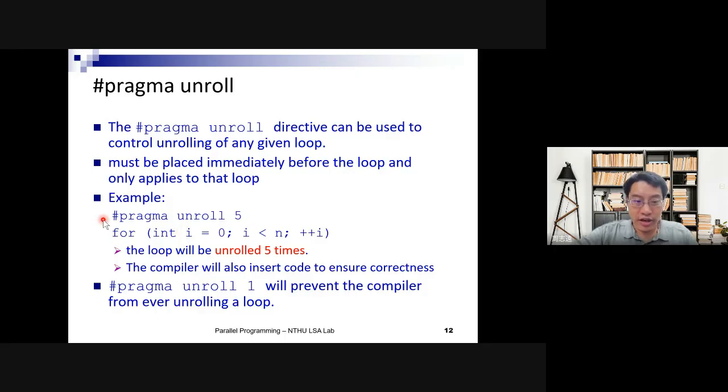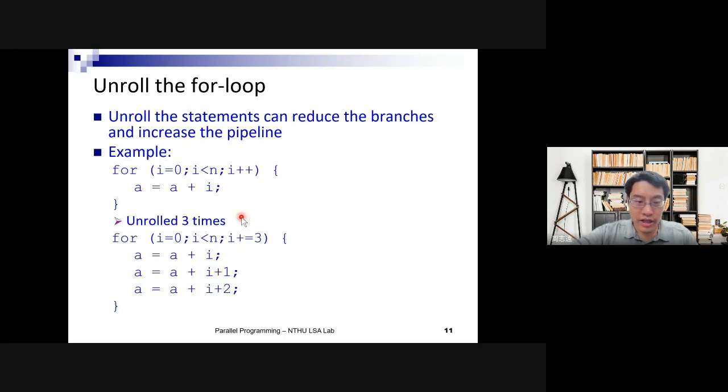You write unroll followed by a number that indicates how many iterations you want to unroll, and it will just expand the code. So if here you say unroll 3, then that's the solution we see over here. The compiler will convert your code from this one to the one below.